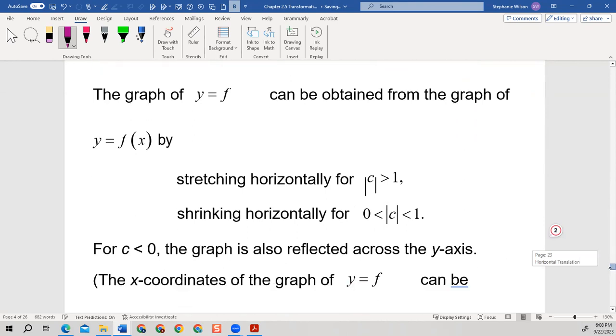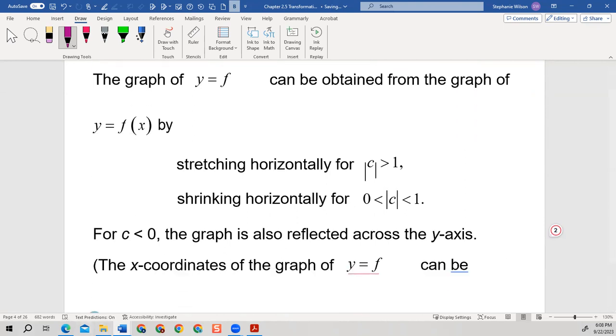Horizontal stretching and shrinking. Let's talk about stretching horizontally. What we have here is the graph of y equals f of cx. We were talking about a f of x; now we're talking about f of cx, right?